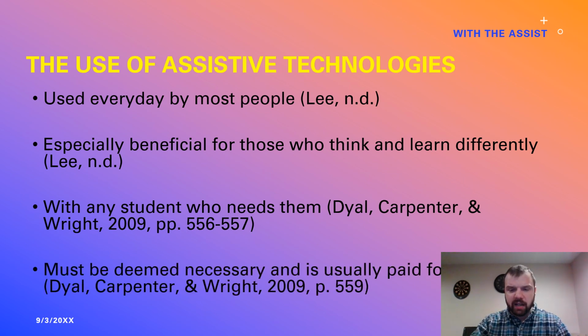Any assistive technology, however, must be voted on as necessary and then is paid for by the school. Of course, parents, church groups, and other organizations sometimes chip in and help, but the responsibility really belongs to the school.